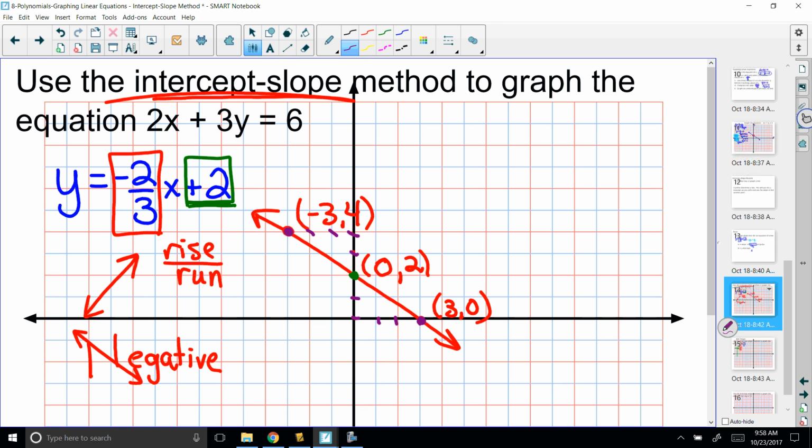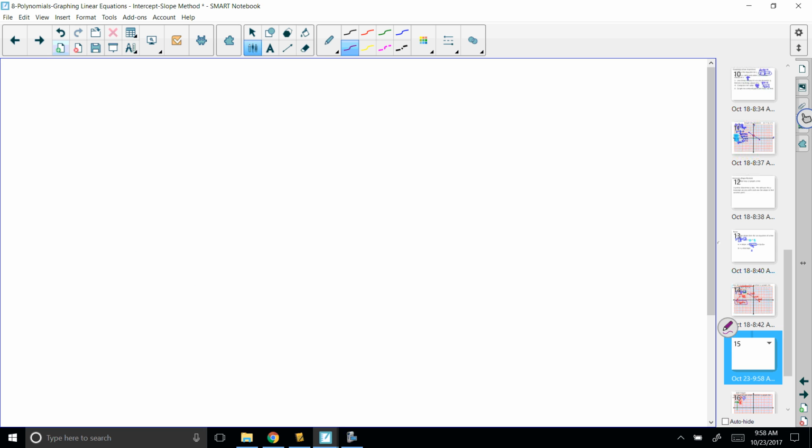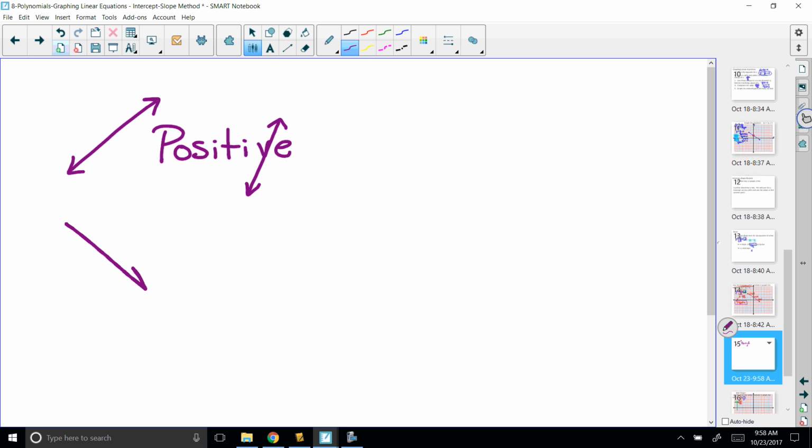We talked about a negative slope and how you can remember a negative slope. If a line rises up to the right, that's going to be a positive slope. If the line drops from left to right, that's going to be a negative slope.